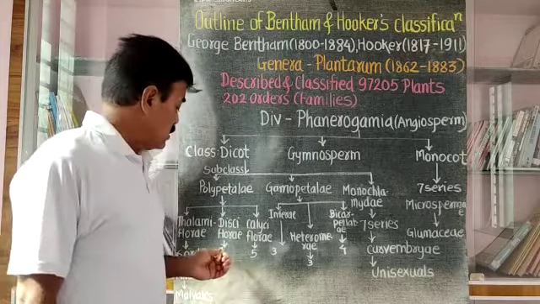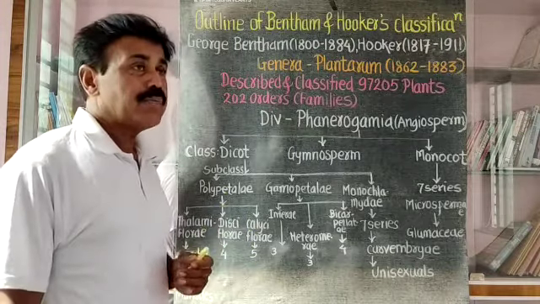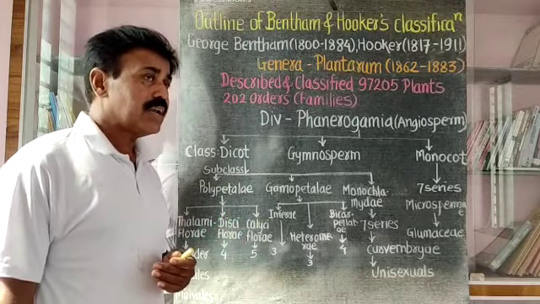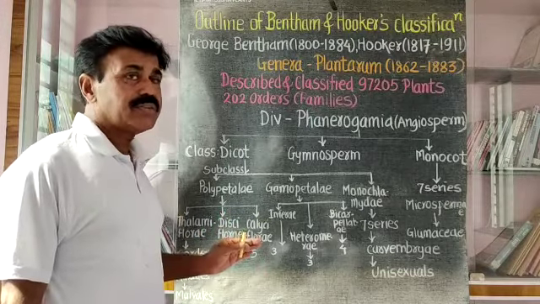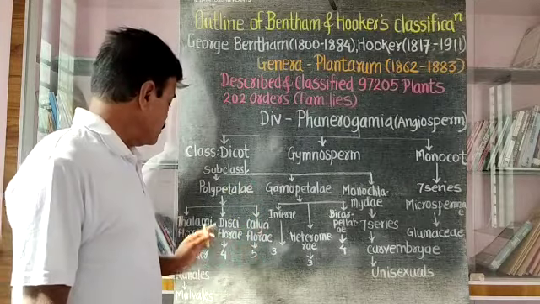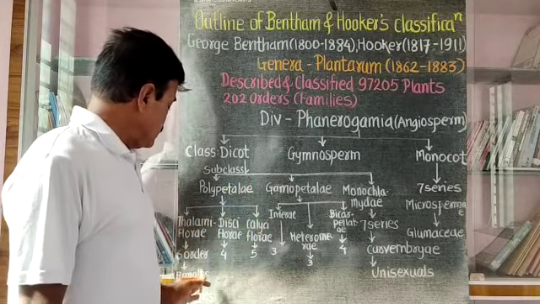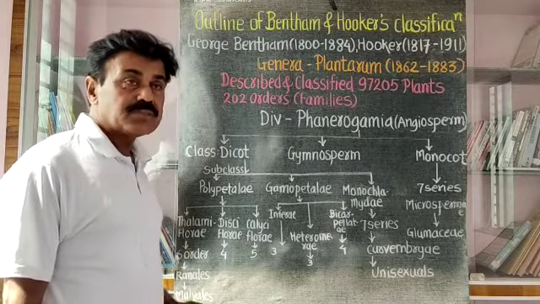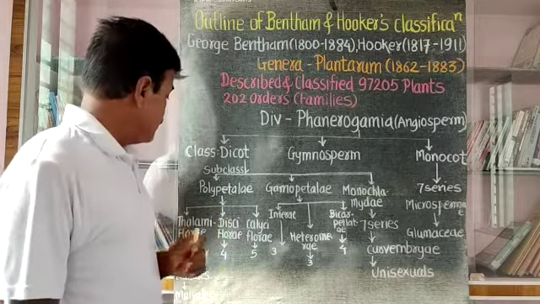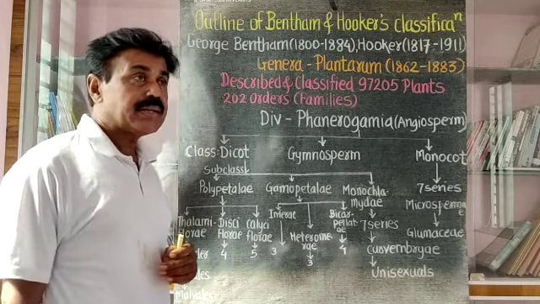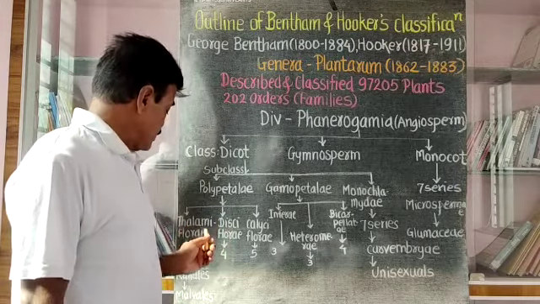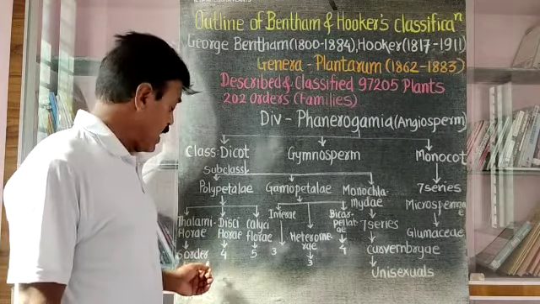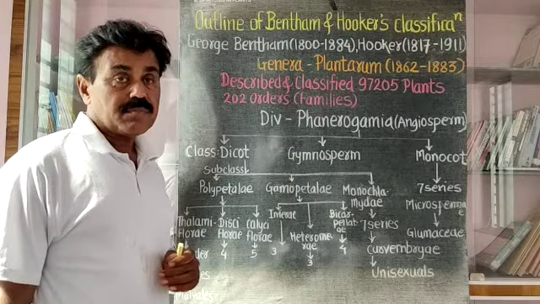That means the rank equivalent to the family is what Bentham and Hooker named a cohort, or natural order, and recently we call them families. Thalamiflorae is divided into 6 orders, starting with the Ranales and ending with the Malvales.